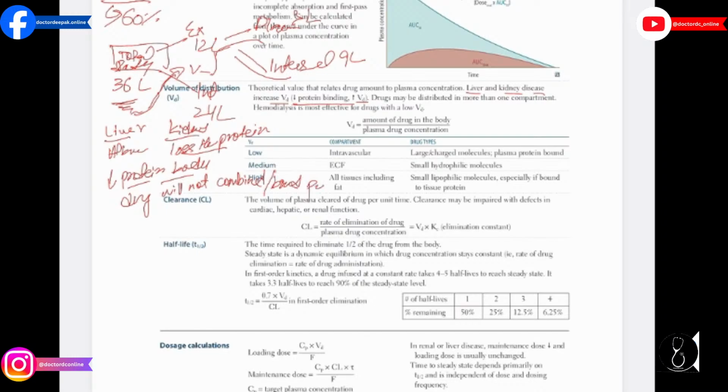So there will be a high concentration of free drug. The more drug is free, the higher the volume of distribution.